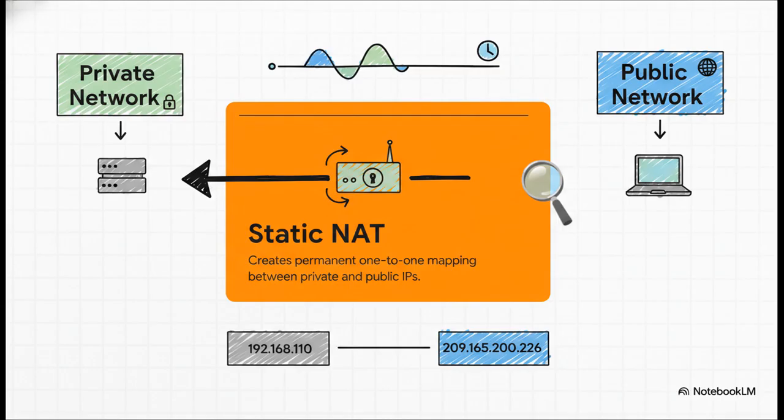So if you've got a private device, maybe a server, at 192.168.1.10, and you want it fully mapped to the public IP 209.165.200.226, you'd use this exact configuration. IP NAT inside source static 192.168.1.10 209.165.200.226. It's direct, it never changes, and it's absolutely perfect for servers that need a totally consistent external identity.